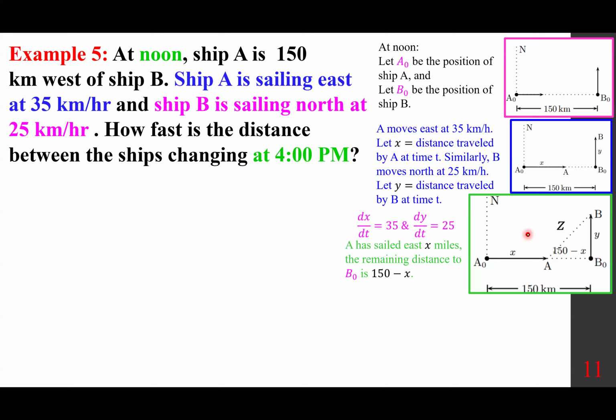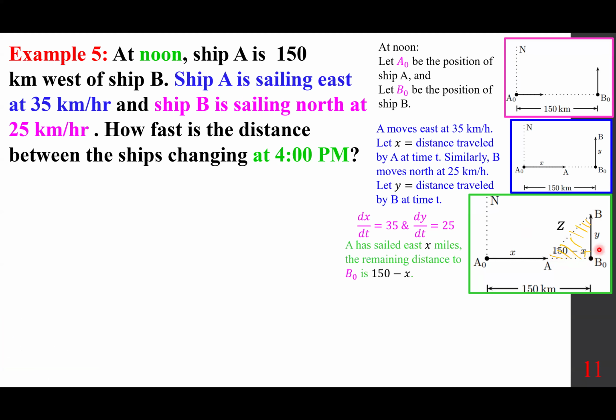To do so, the Pythagorean theorem applies to this, because this is a right triangle. a squared plus b squared equals c squared. So this side is 150 minus x, quantity squared.